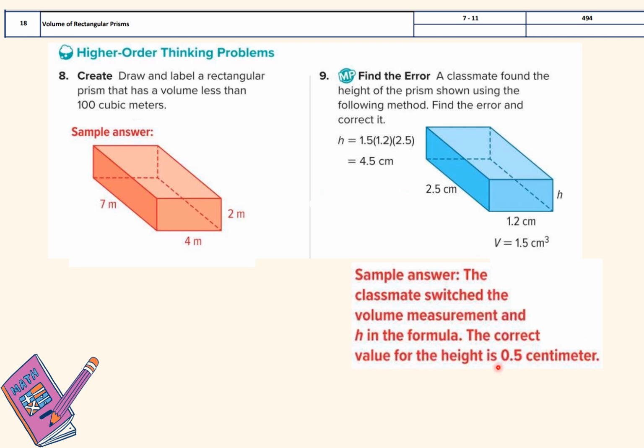So the correct value of the height is going to be 0.5 centimeters. So here the correct answer should be written this way. The height equals 1.5 divided by the product of 2.5 and 1.2. The answer that you will get is 0.5.